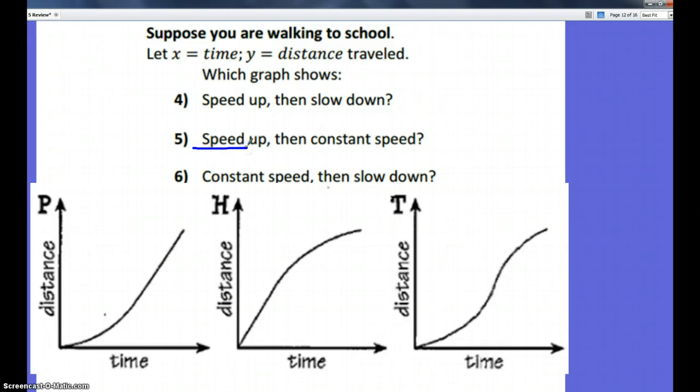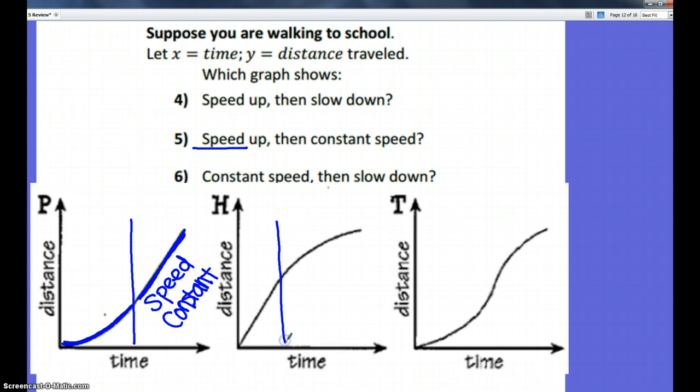So if you look at each section of the graph, notice the first one is increasing in speed. The slope is getting steeper. And then in this section, the second half over here, the slope stays constant, or the speed is constant.